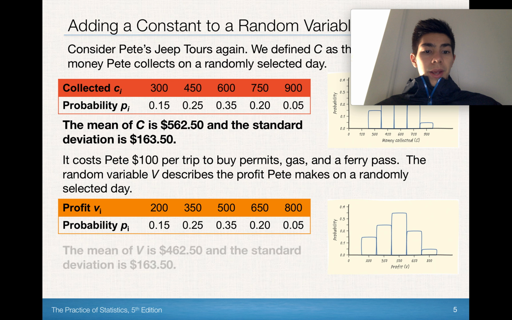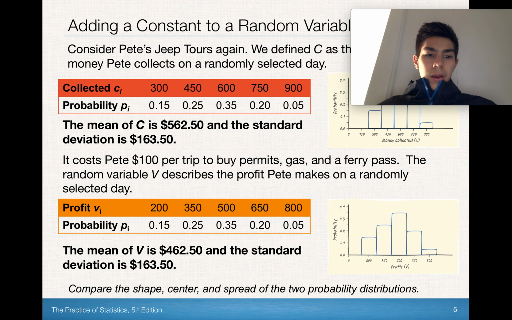And if we look at the mean of V using our standard expected value equation, we'll find that the mean of V is 462.5, and its standard deviation is 163.5. If you compare the mean of C to the mean of V, it's exactly $100 less, which is what we have done.